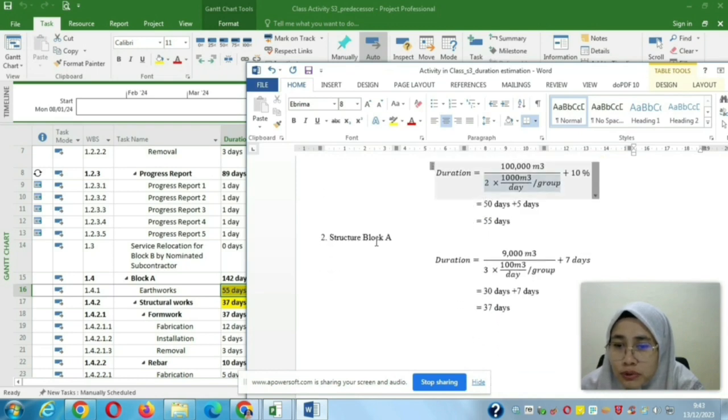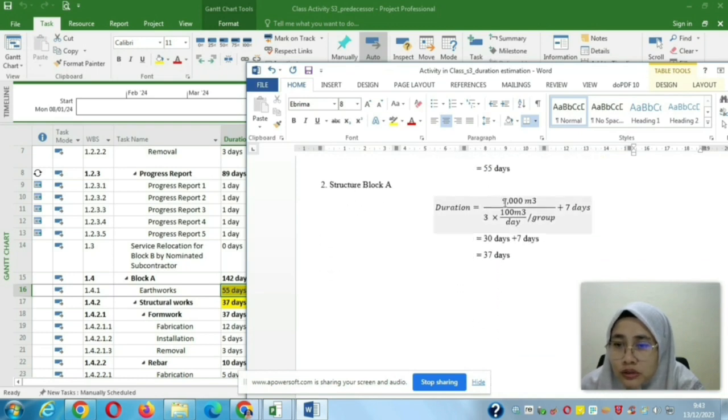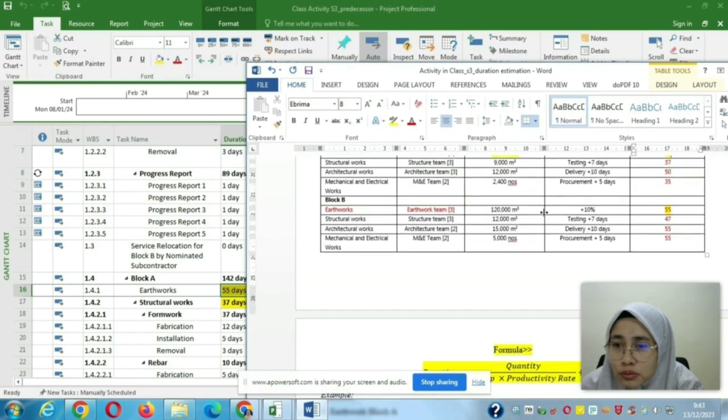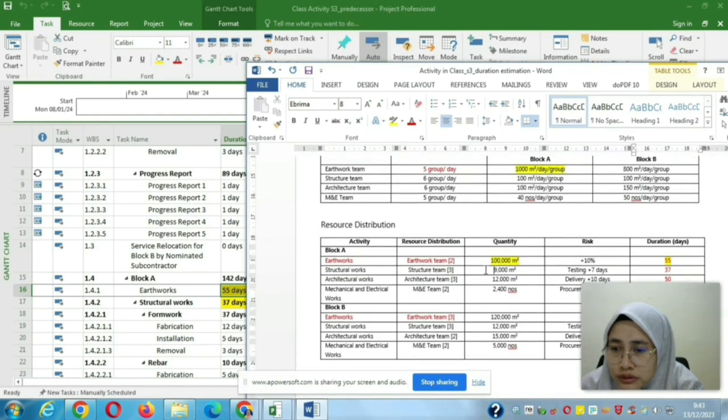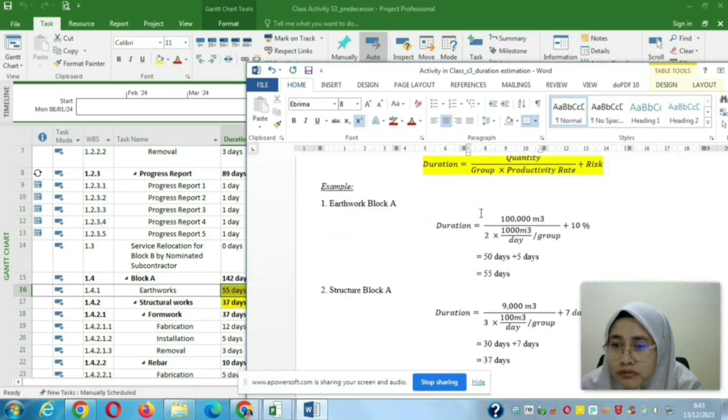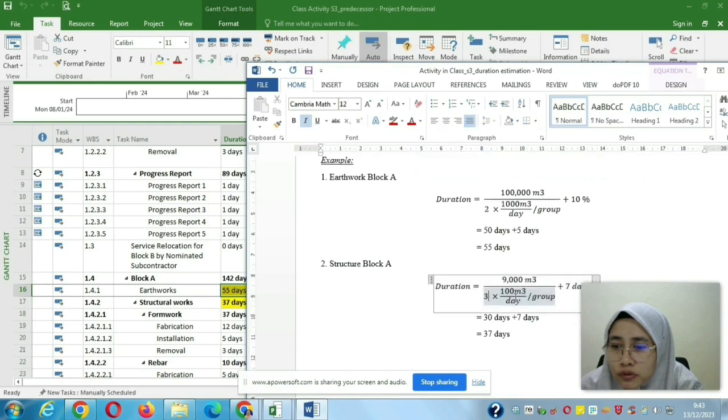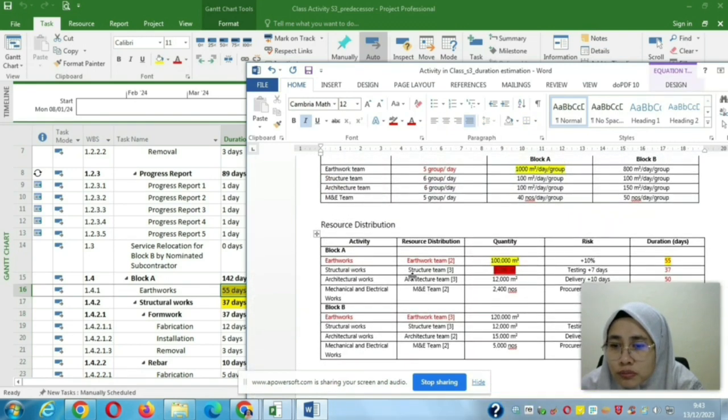So for example for structure block A, total 9,000 meter cube of work. So this is the quantity, 9,000 meter cube of work. And then divide by number of groups times the productivity rate. Number of groups for block A is 3, 3 groups for the structure team.